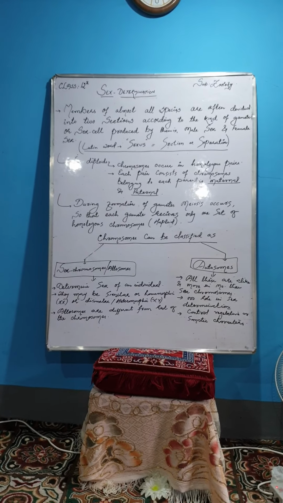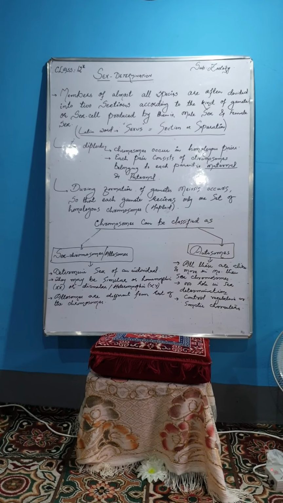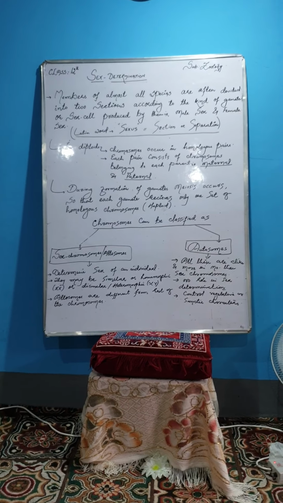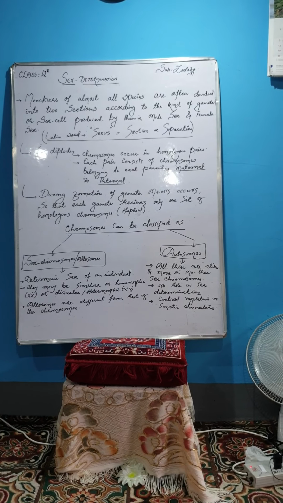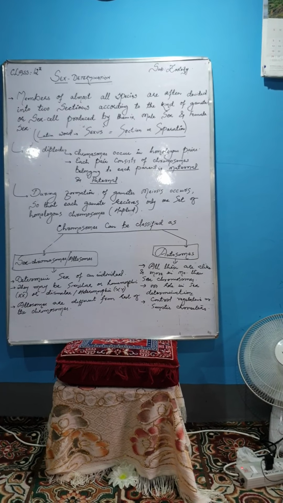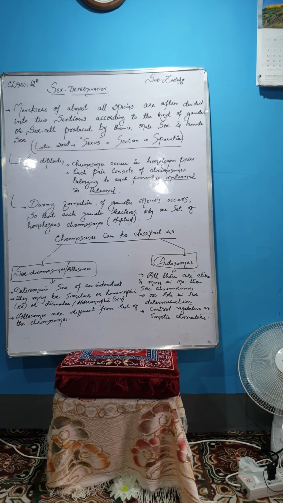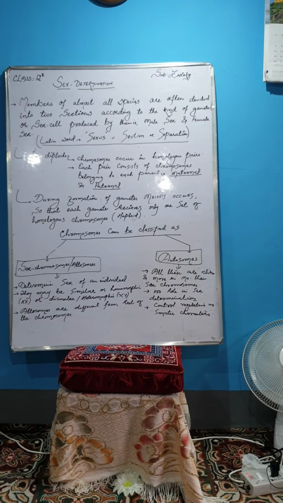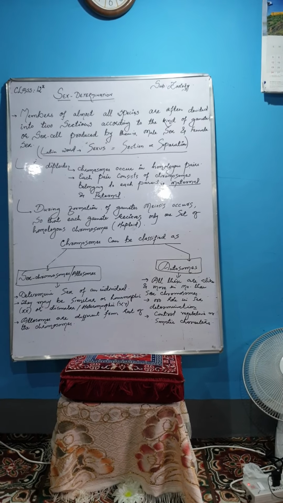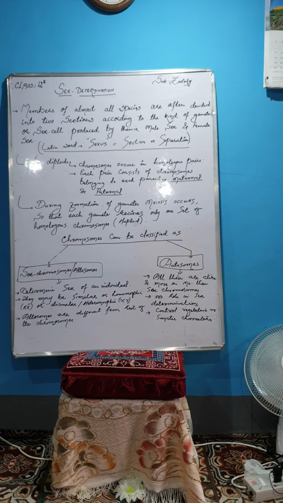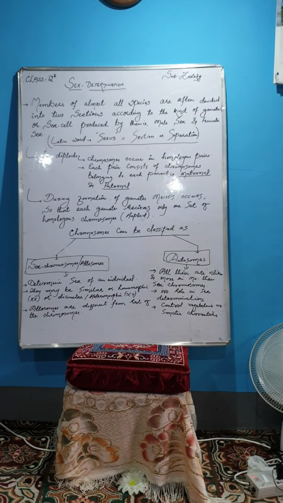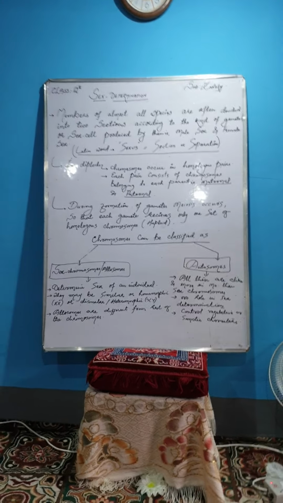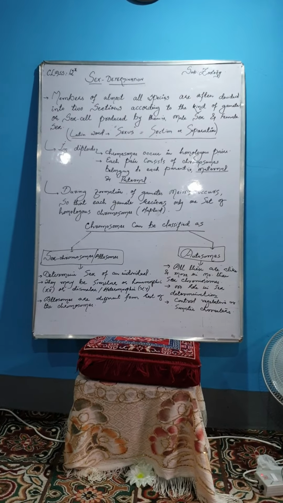in the bodies of organisms, there are two kinds of chromosomes. The whole chromosomal set is divisible into two types. One is sex chromosomes, which we call allosomes, and the other set we call autosomes.